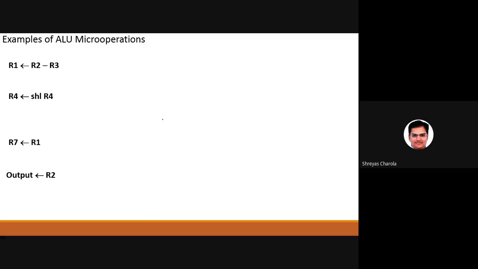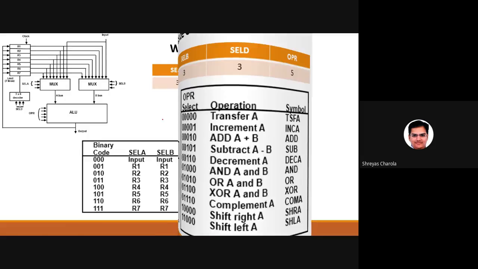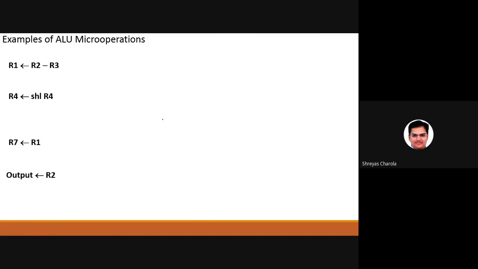Now, tell me the number of bits for this. First example, R2 minus R3, and the data should be there in R1.